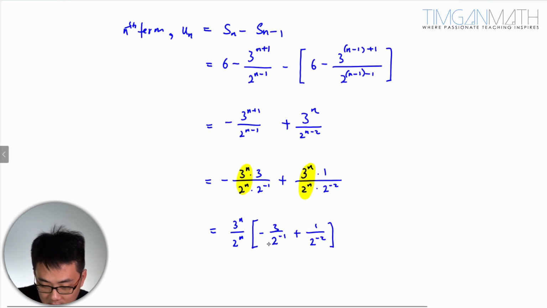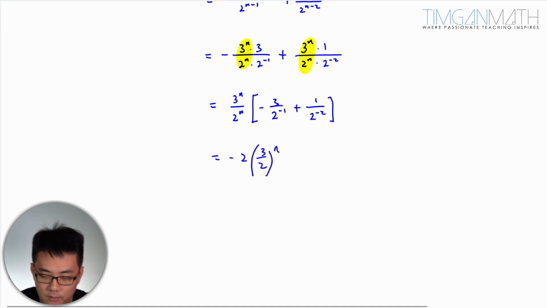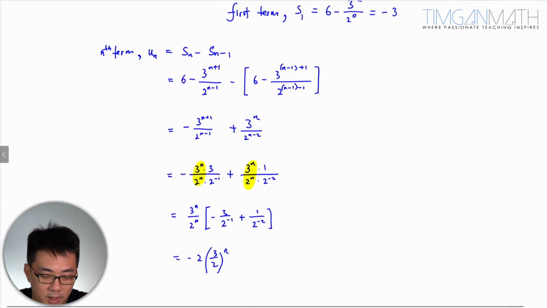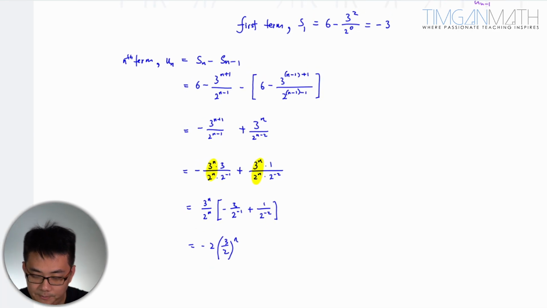This is negative 6, this half here, and this is 4. So this is negative 2. So this will be negative 2, 3 over 2n. Key in the calculator, you should get negative 2.